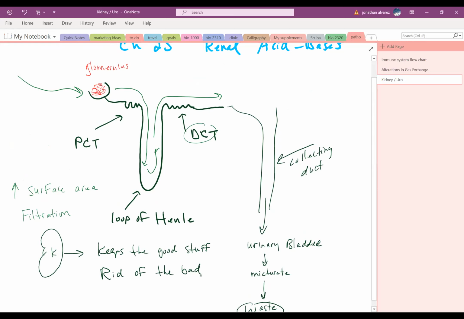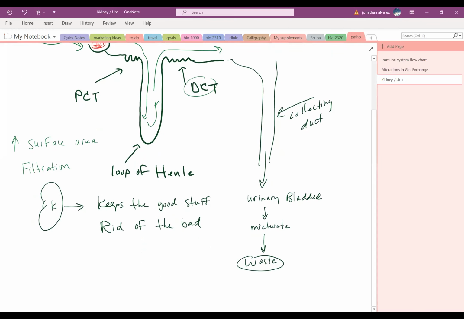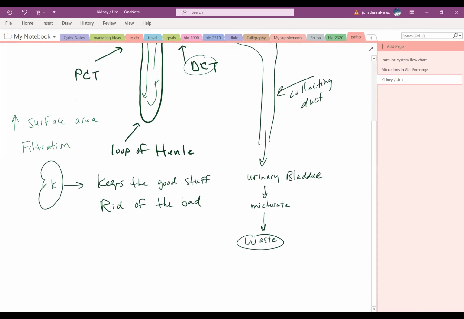Okay, very simply put, it's a big filter, keeps the good stuff, gets rid of the bad stuff. Okay, so this concept will help just about any kidney disorder make sense.